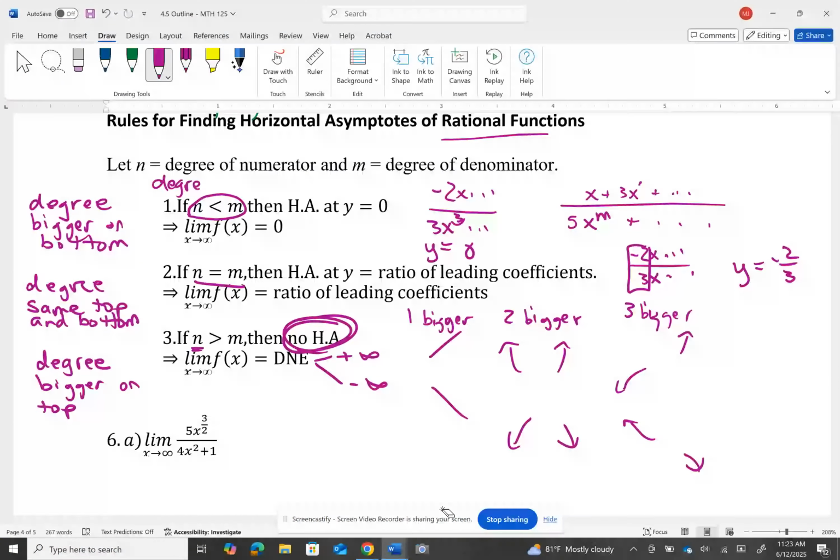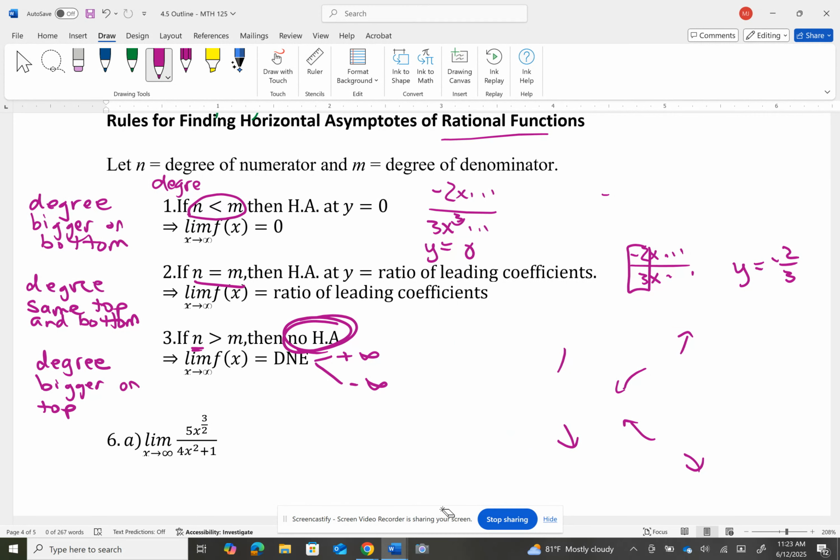So let me clean this up a little bit and make sure you understand the basics of the three cases. All right, so you might get a horizontal asymptote, and that horizontal asymptote might wind up being y equals 0. Okay, so that's one case.